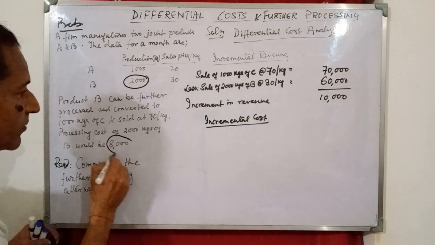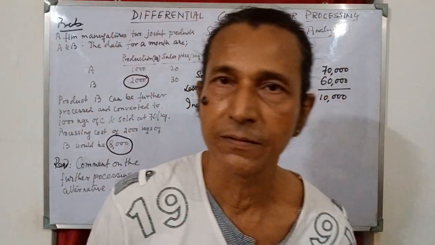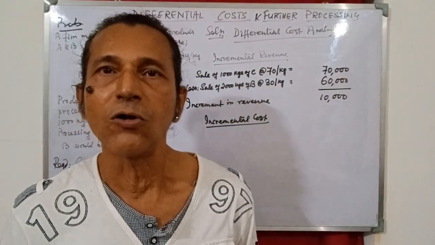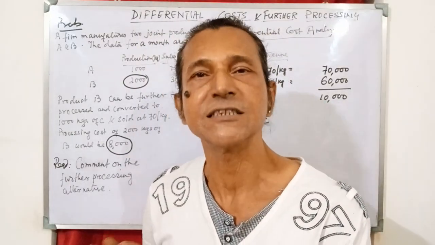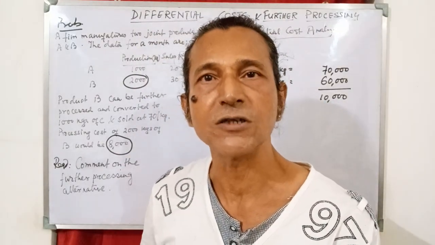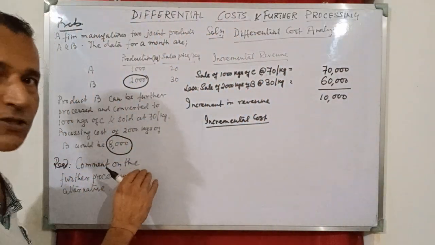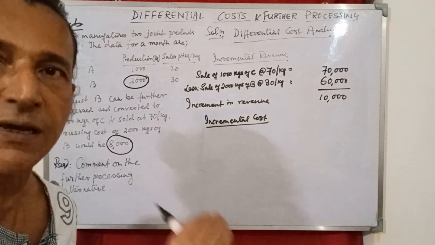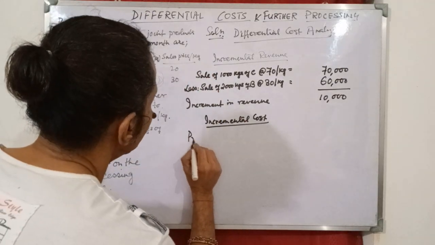That is the processing cost of B. All the earlier expenses incurred on B are sunk cost. Those are not relevant here. Only relevant cost is the processing cost of 2000 kgs of B, which is 8,000. So incremental cost is only processing cost.